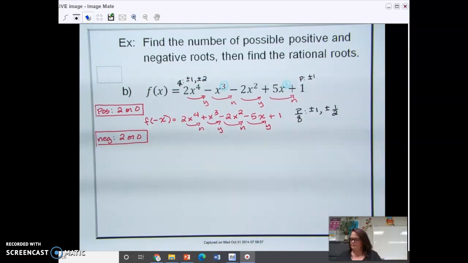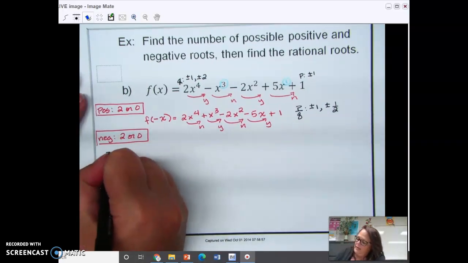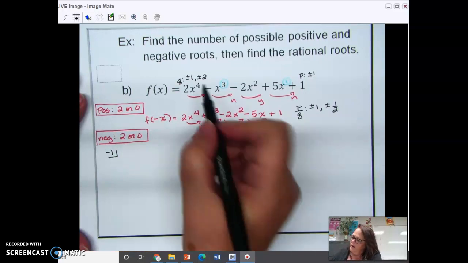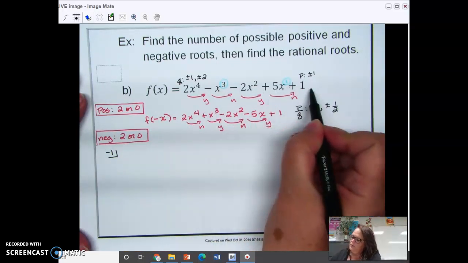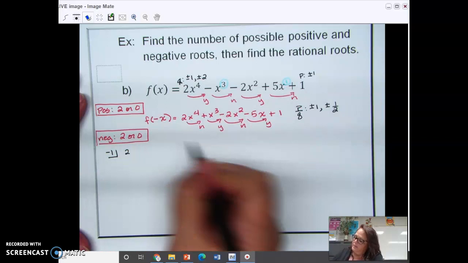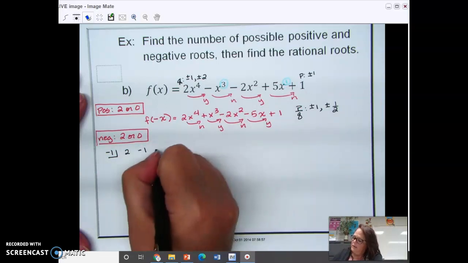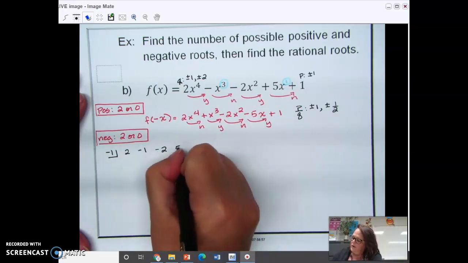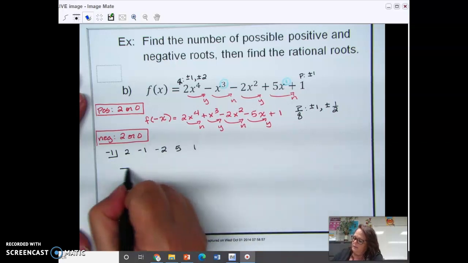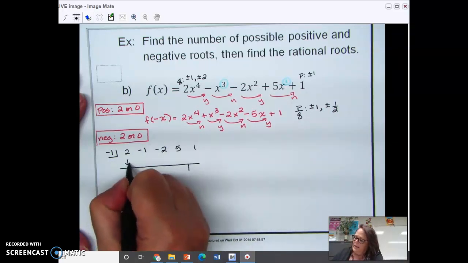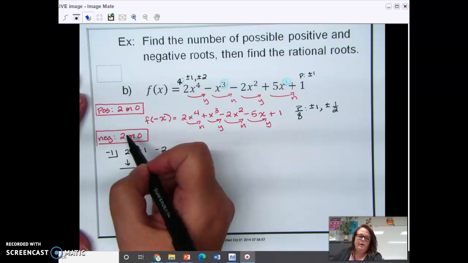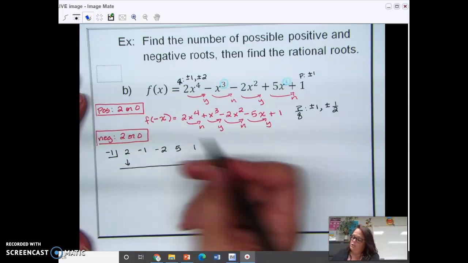So the good news is I only have 4 to try, but the bad news is they may not work, hint, hint, hint. All right, so if I try negative 1, I've got 4, 3, 2, 1, 0. Everything is in perfect descending order, so I'm going to take the 2, the negative 1, the negative 2, the 5, and the 1. I have just as much of a chance of having a positive or a negative, so it doesn't matter which one I choose.